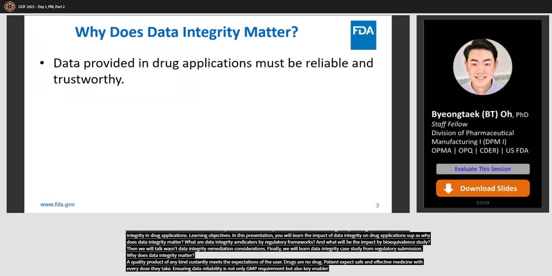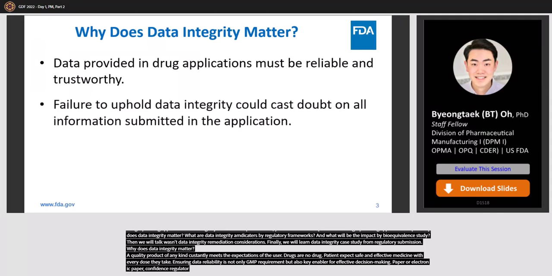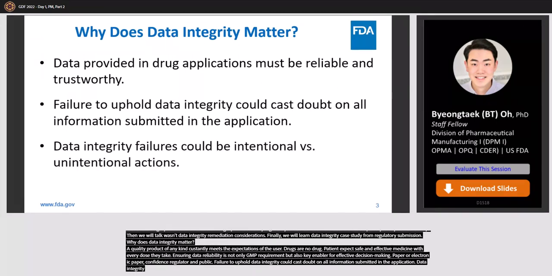Breach in data integrity, including paper or electronic data, erodes confidence and breaks trust of regulator and public. Failure to uphold data integrity could cast doubt on all information submitted in the application. Data integrity failures could be intentional or unintentional action. However, both are CGMP violations.